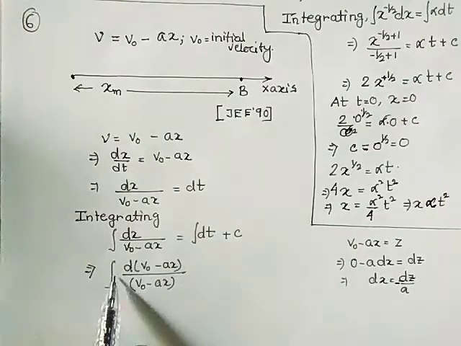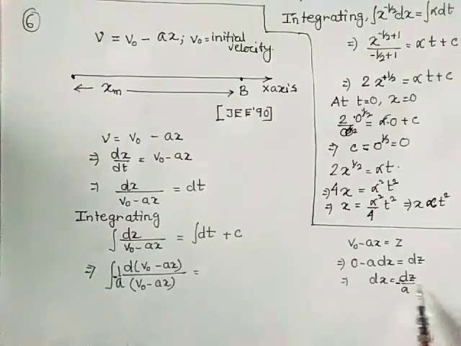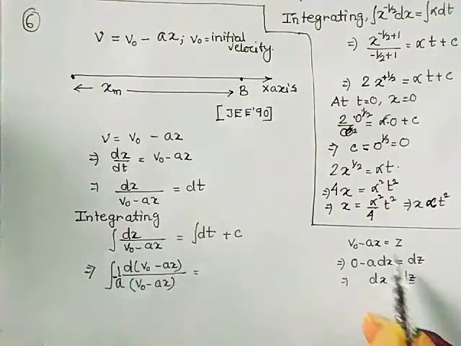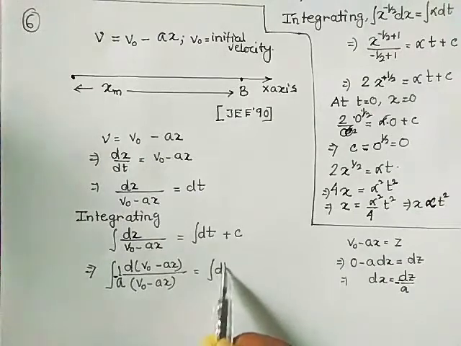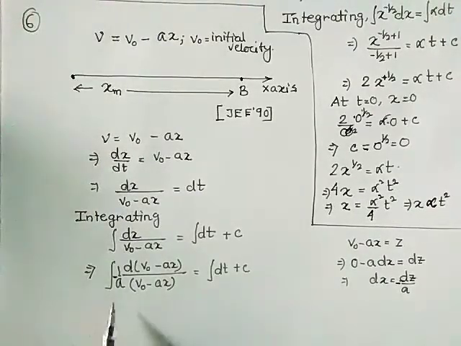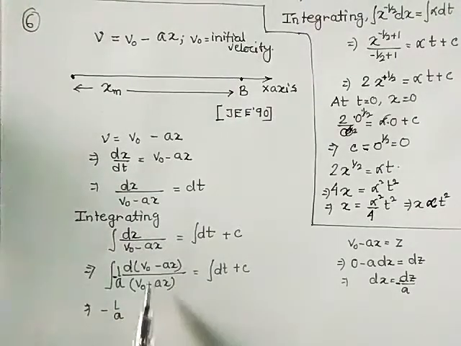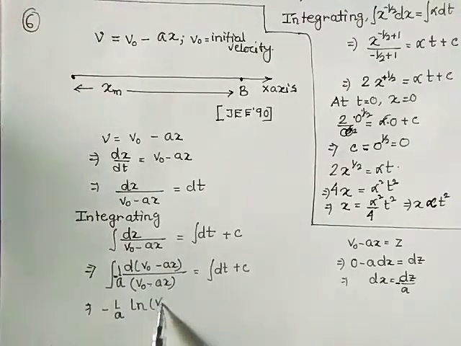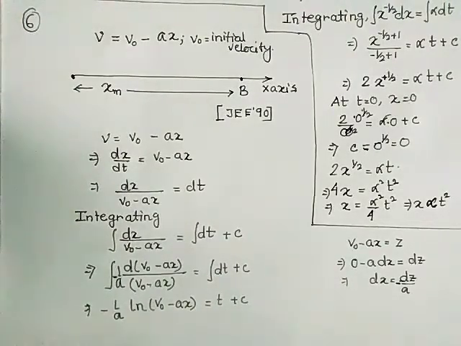If I do this substitution, there will be minus 1 by a. Considering this as z, the integration of dz by z basically gives us the ln of v naught minus ax, equal to t plus c.